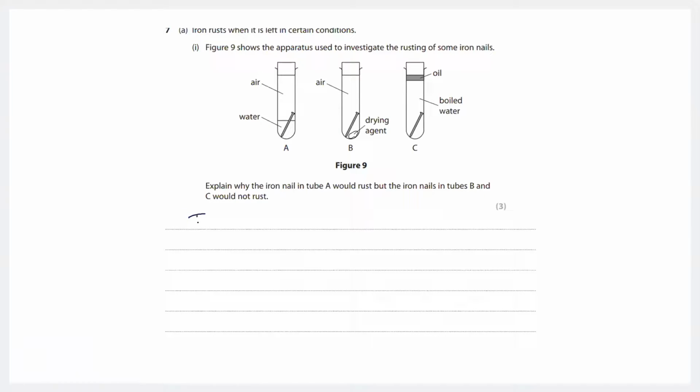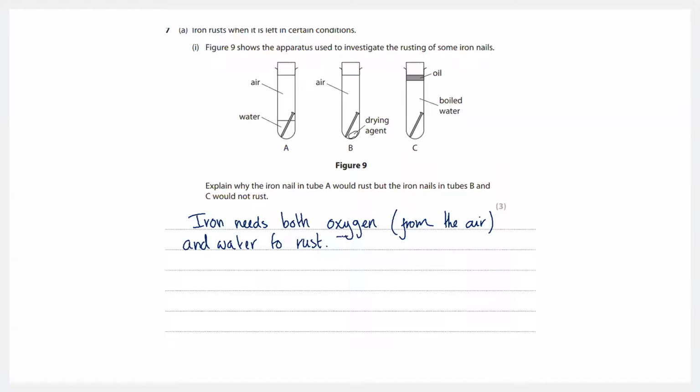So iron needs both oxygen from the air and water to rust. Iron nail A has both oxygen and water.